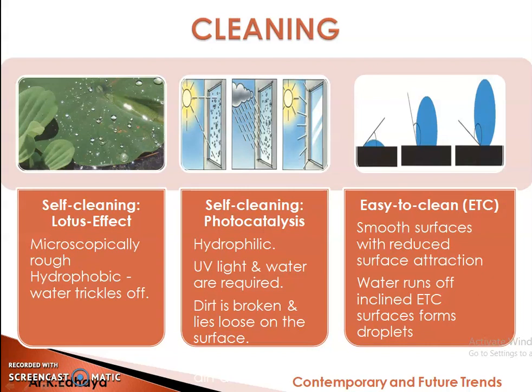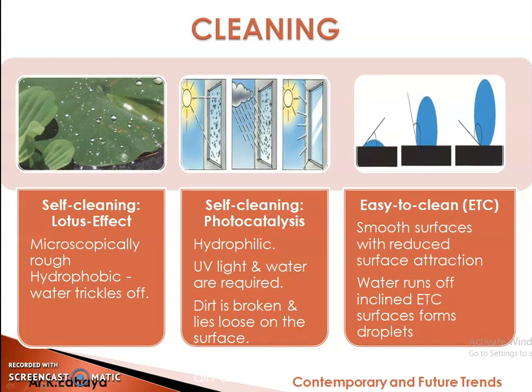So easy to clean is a very, very smooth surface where the surface attraction gets reduced by itself. Then when the water runs off, it just takes off the dust along with it. Here you don't need any sunlight or UV rays to hit and do any other activity on your surface.